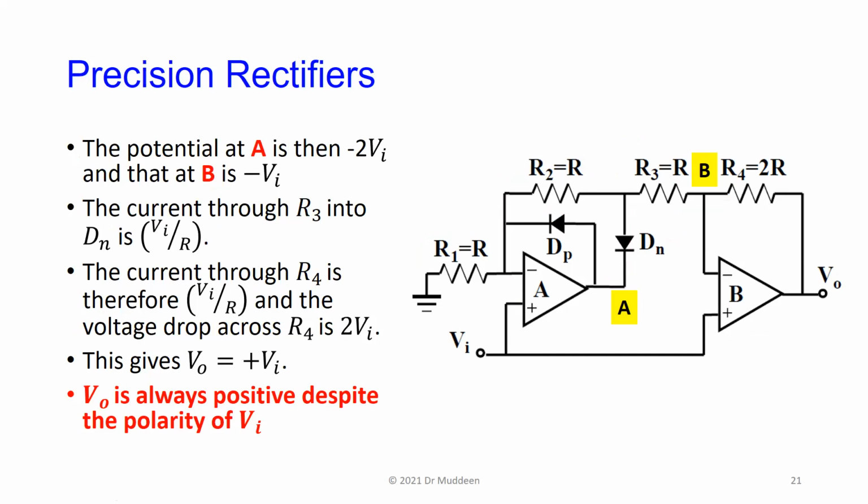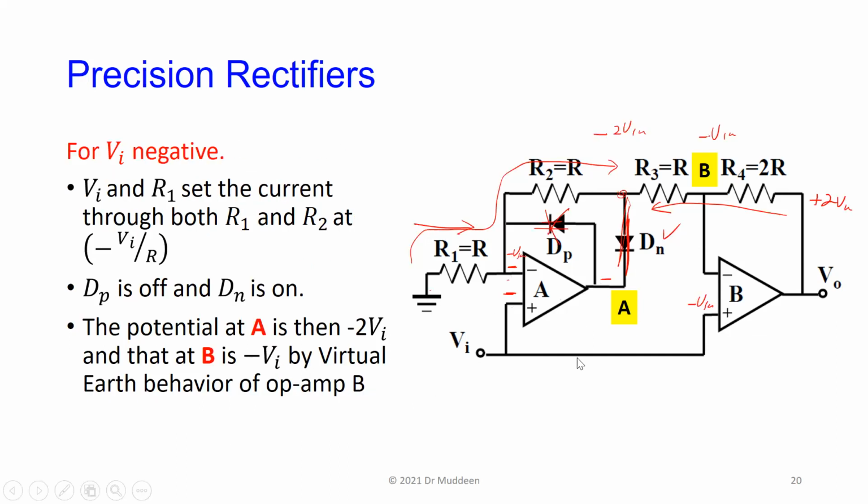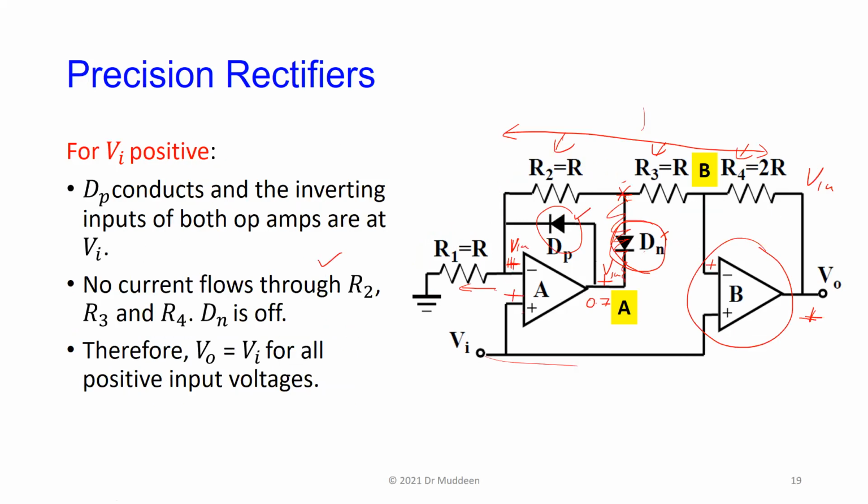So when Dn is in reverse bias, that is this one. If Dn is reverse bias, I have a positive here and a negative here, so that is out of the circuit. In other words, this here is an open circuit.